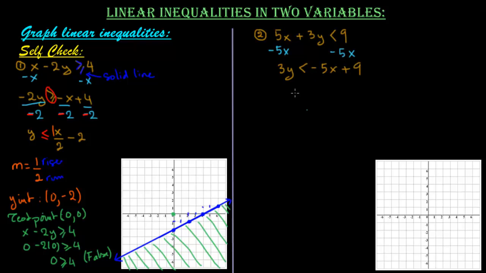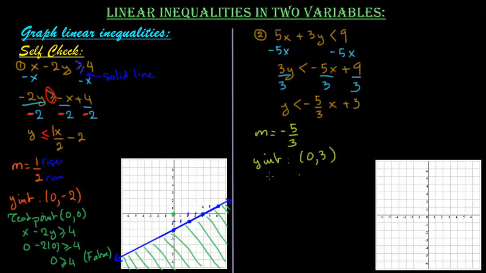Then we keep going, dividing by 3 on both sides. So you have y less than negative 5 thirds x plus 9 divided by 3, which is 3. Then my slope is negative 5 thirds, and my y-intercept is 0, 3.